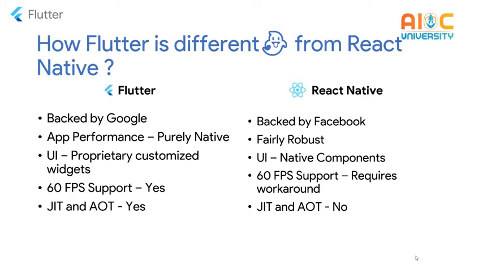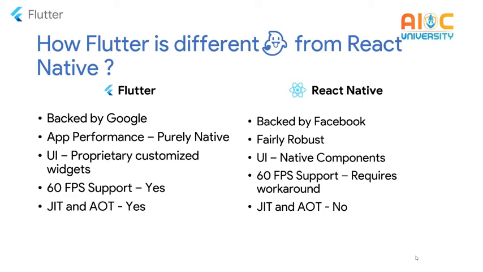On the other hand, React Native, similar to widgets, has components. Flutter supports 60 frames per second, and React Native doesn't necessarily support 60 frames per second because it depends on the RAM of the application, the system architecture, and the Android version that the user is on.